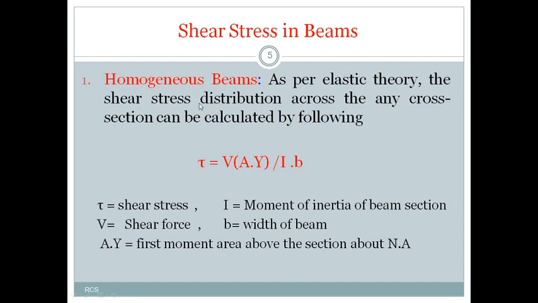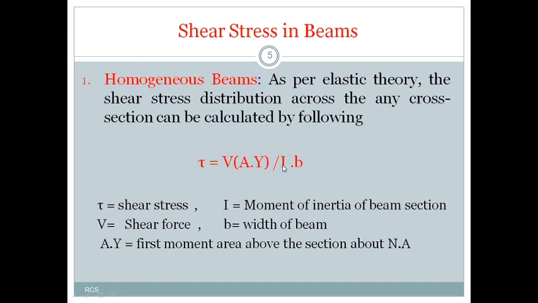So here I am considering a homogeneous rectangular beam. If I substitute the data for this beam here, I can find the shear stress in that particular beam. The shear stress can be calculated where V is nothing but shear force, multiplied by A into Y, which is the first moment of area of the section about the neutral axis.